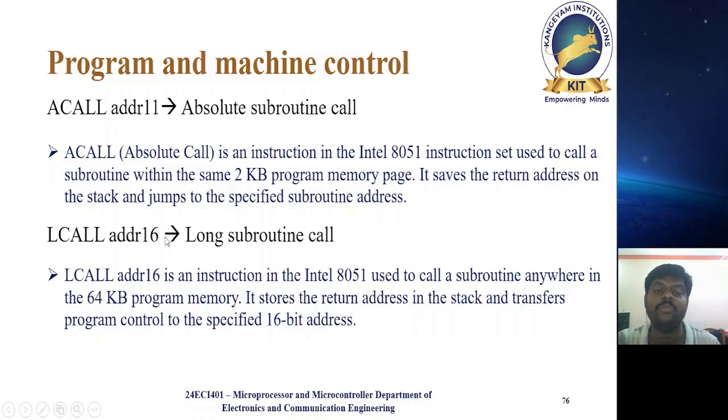Here we give a 16-bit address, which means it can call a set of instructions within 64 kilobytes of memory location. So ACALL means we have to give an 11-bit address. LCALL means we have to give a 16-bit address.